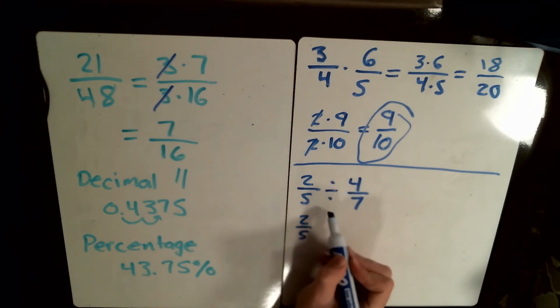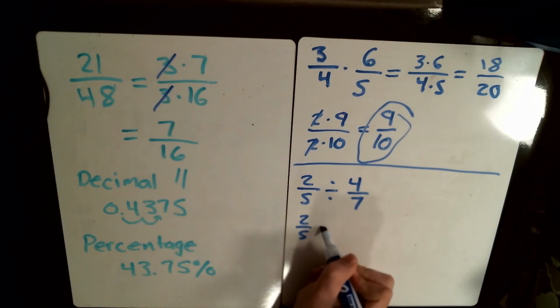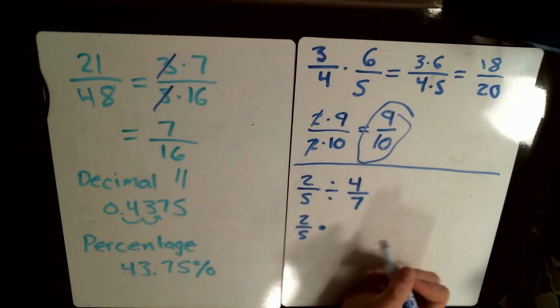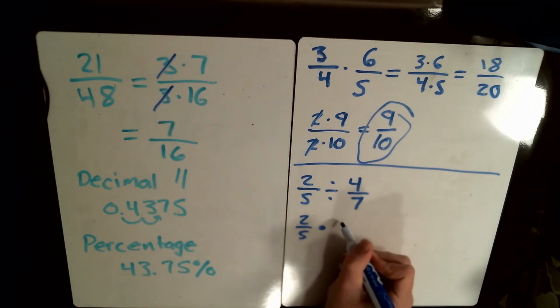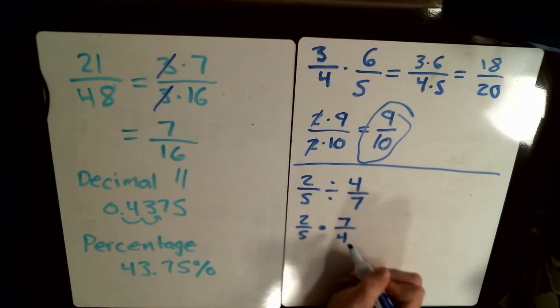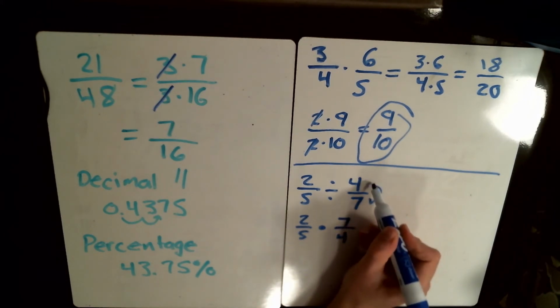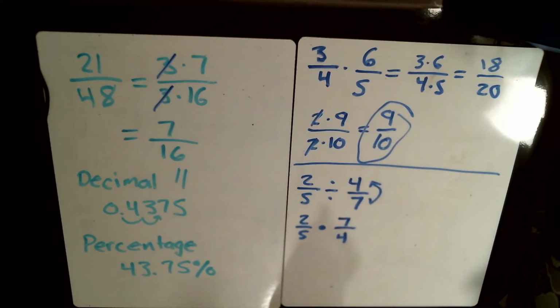So you're going to change this to multiplication, and just flip the second fraction. So you flip that so it's upside down. So that's how you divide: you take the one you're dividing by, flip it, and then multiply.